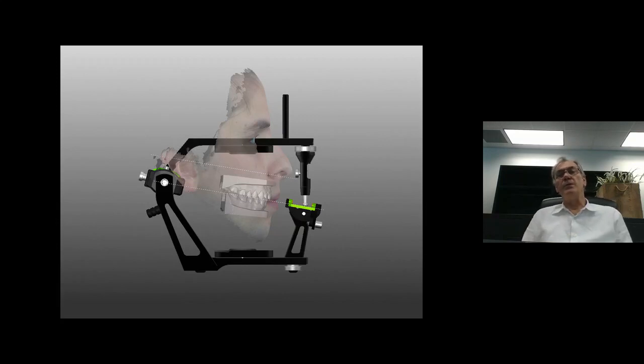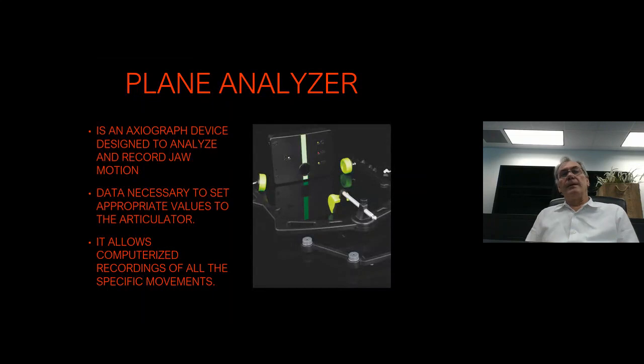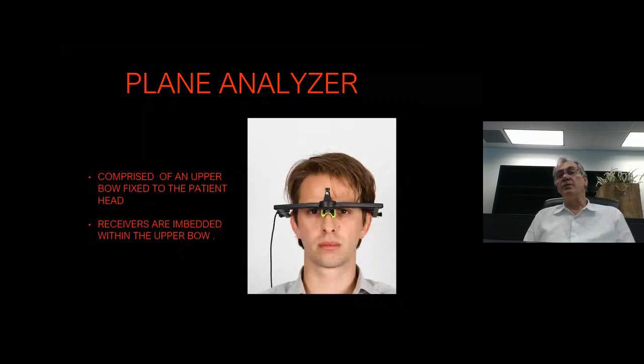Now, today we are going to integrate the third element, and that is going to be the Plane Analyser, which is an axiograph designed to analyze and record jaw motion, the data necessary to set appropriate values to the articulator, and it also allows computerized recordings of all the specific movements.